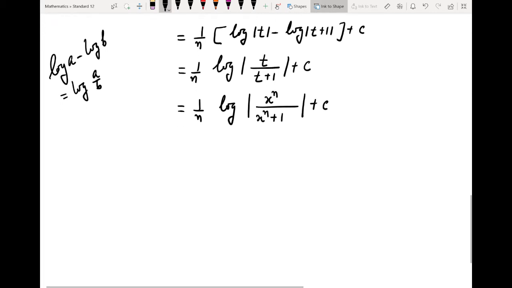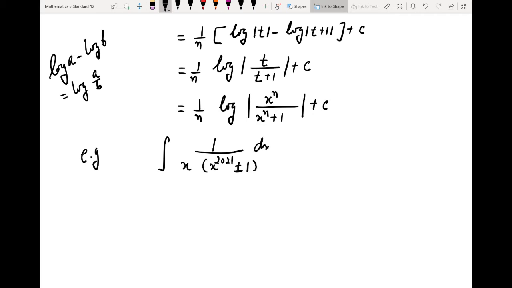So you can integrate such types of examples, for example, 1 upon x raised to 2021 plus x, dx. You can arrange it, then multiply numerator and denominator by x raised to 2020 and use substitution: put x raised to 2021 equal to t.